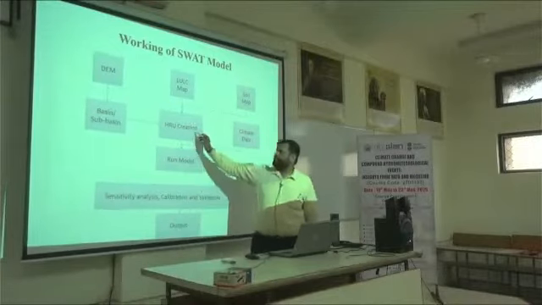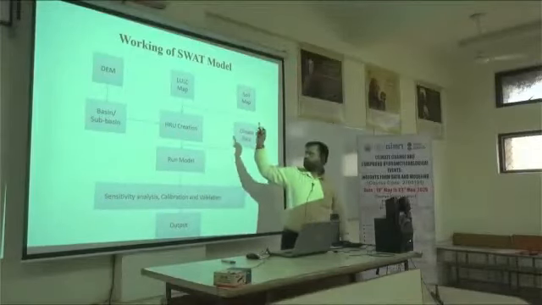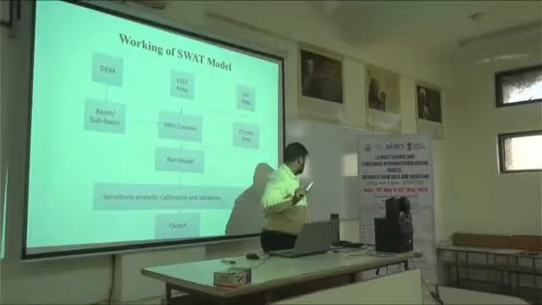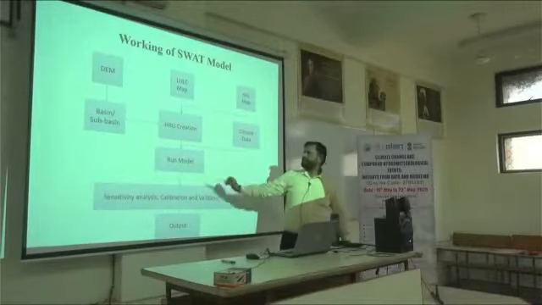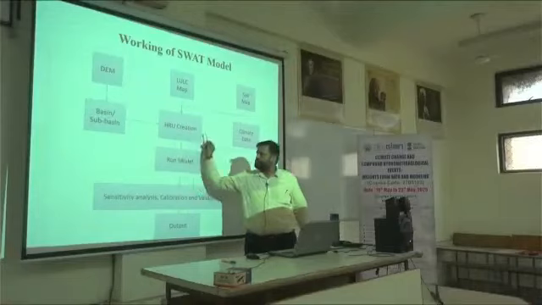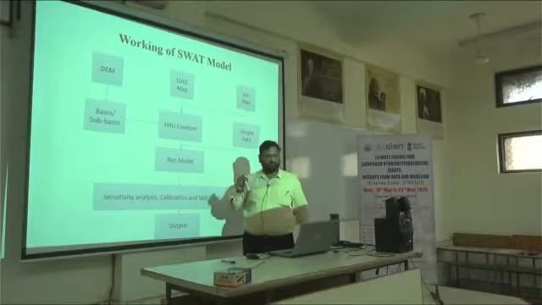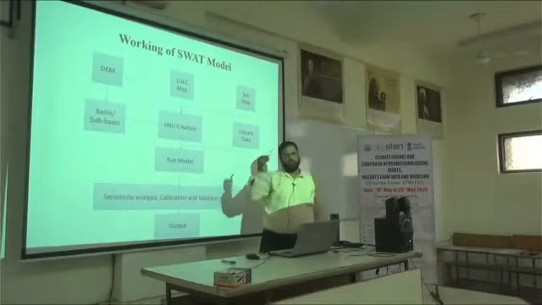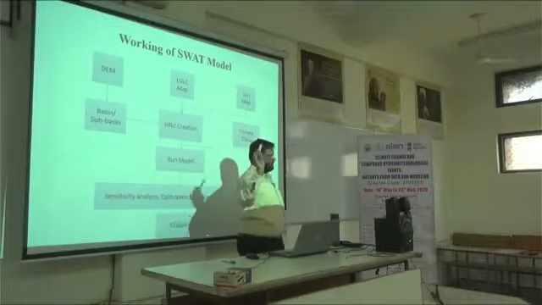At the HRU level, it computes a water balance. For that, it requires climatic data, which, as we discussed, is rainfall and temperature data. It will compute the water balance equation at a single HRU: what inflows are taking place in that HRU, what outflows are taking place, and what storage is taking place.